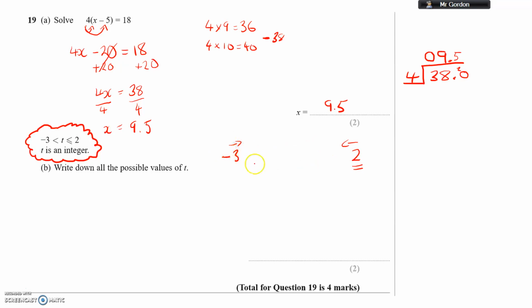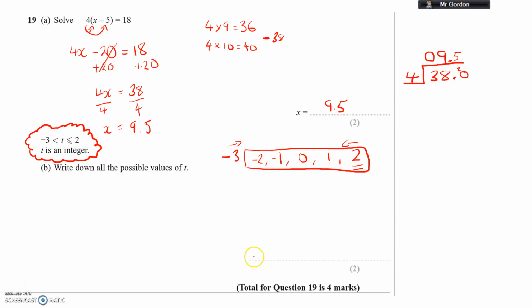So what are the values in between minus 3 and 2, but including 2, because we had the extra line there, so we're allowed to include 2. So we've got minus 2, minus 1, 0, 1, and the 2 that we're allowed to include because of the extra line. It could be equal to 2, that bit there. That's the answer.